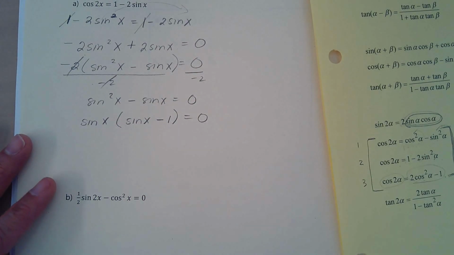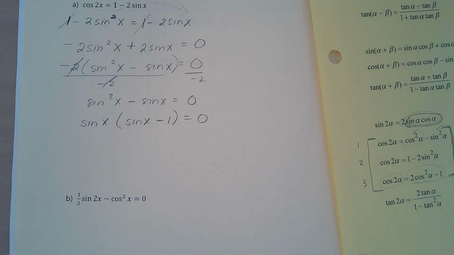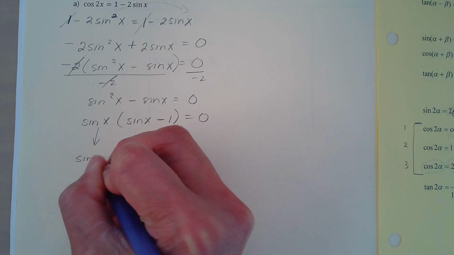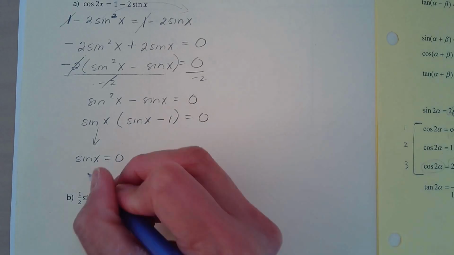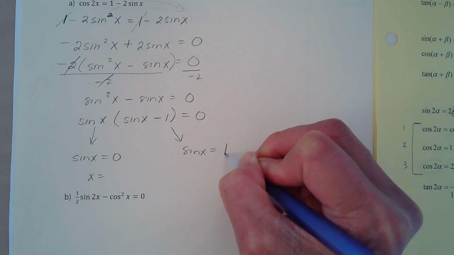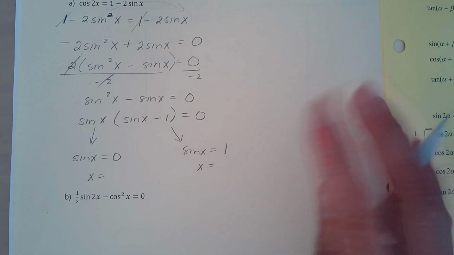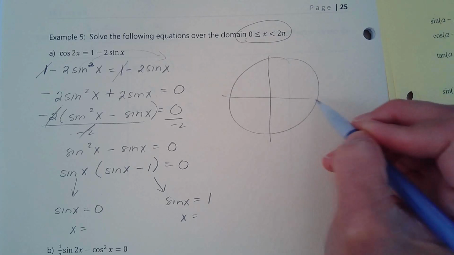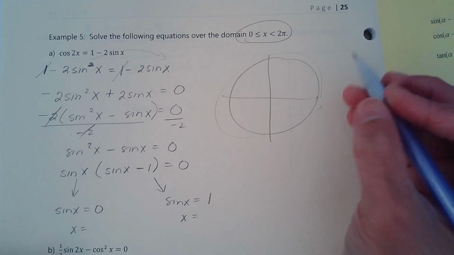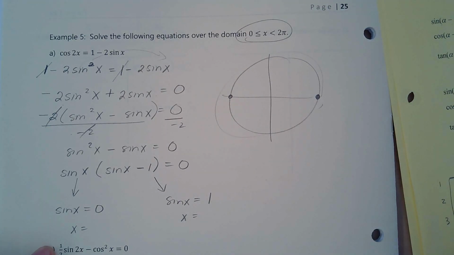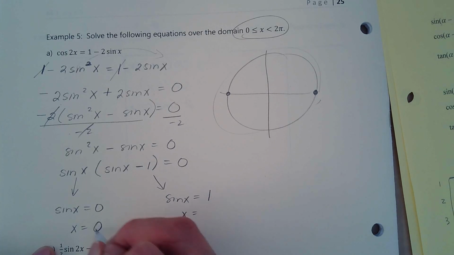So this is a degree 2 trig equation. Now we're going to separate them and say, okay, where is sine of x equal to 0? And where is sine of x equal to 1? Now I have to keep in mind that it's between 0 and 2 pi. Sine is 0 here and here. So it's going to be 0 and pi.